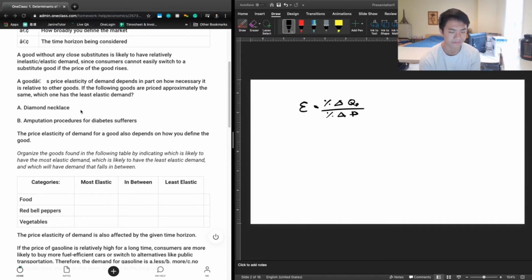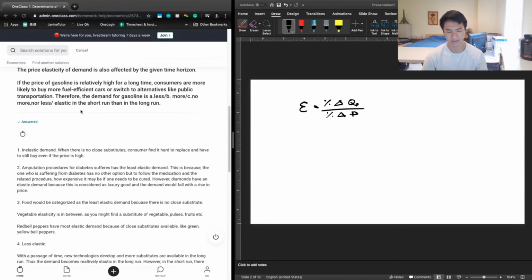And so that would be something that we consider to have very inelastic demand, and so we would probably pick amputation procedures over diamond necklaces for a good that is the least elastic. And that would be the correct answer there.